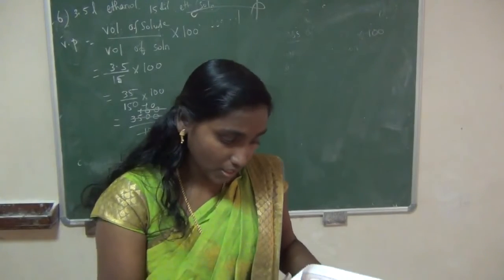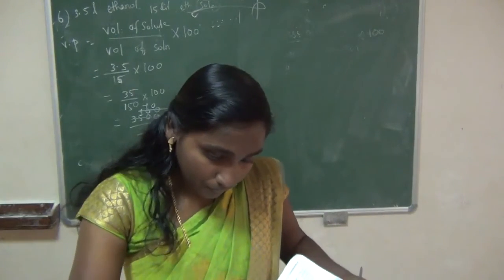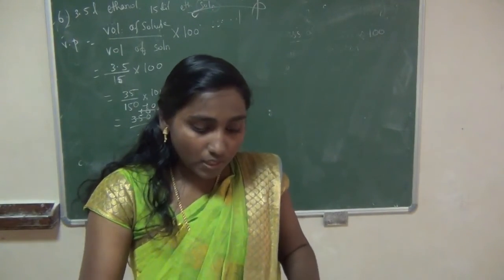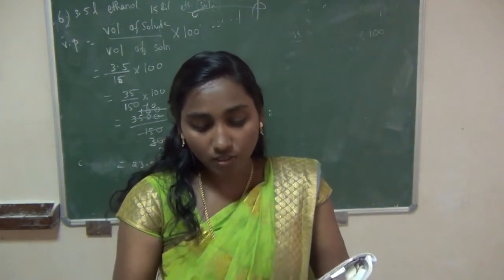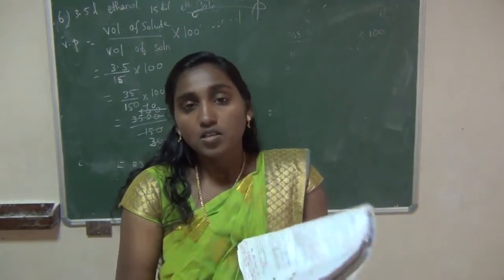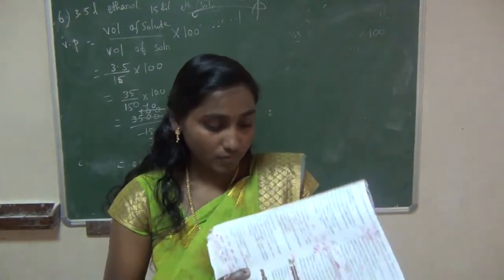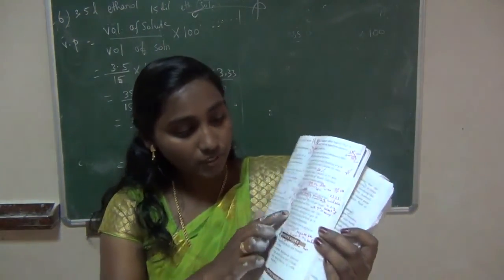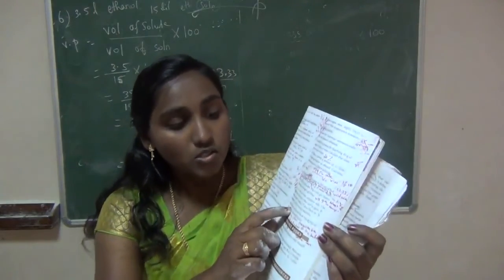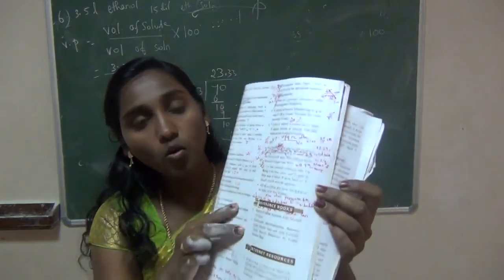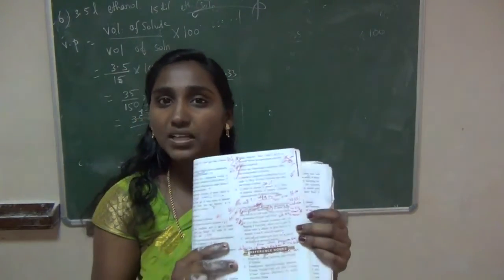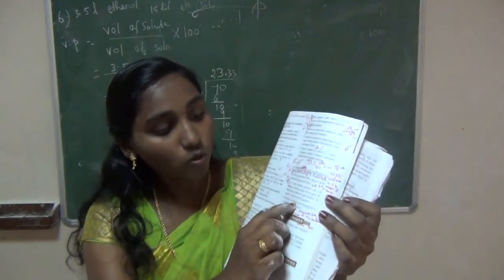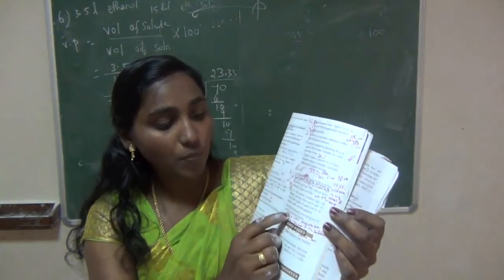Write this equation. Then the third question: Will the cool drinks give more fizz at the top of the hills or at the foot? Explain. Start from the question itself. Cool drinks give more fizz at the top of the hills.